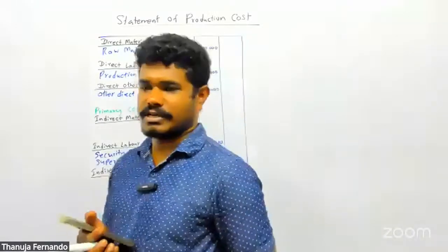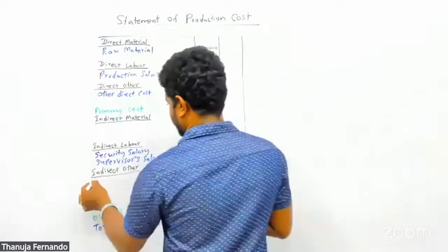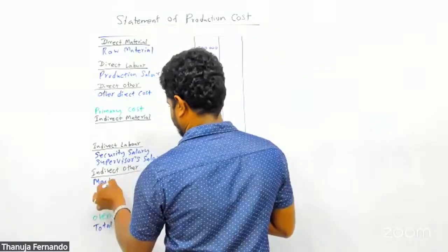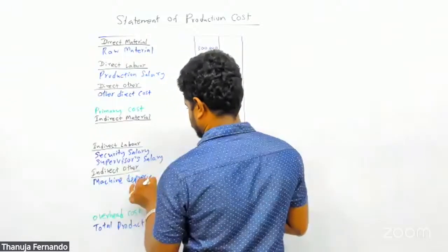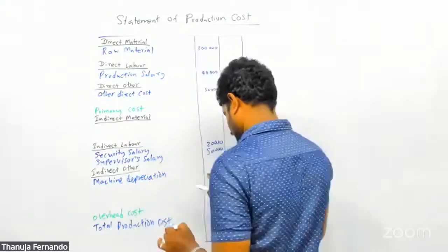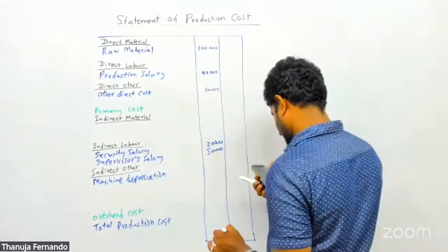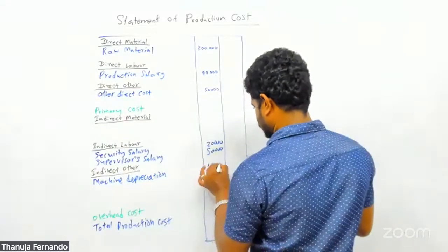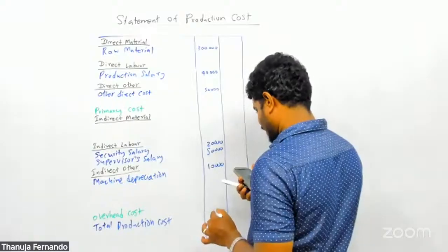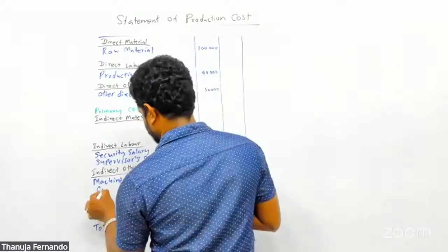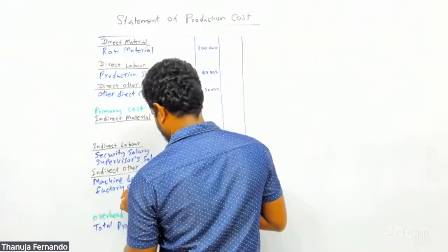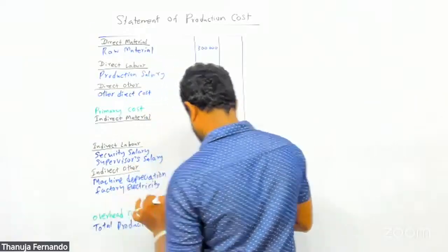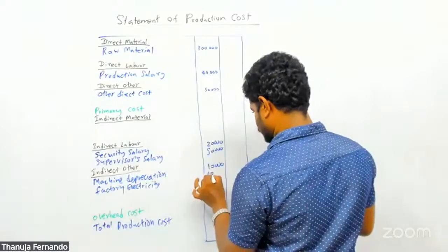Machine depreciation, direct other or indirect other? Depreciation 10,000. Factory electricity, that one also indirect other. 12,000.